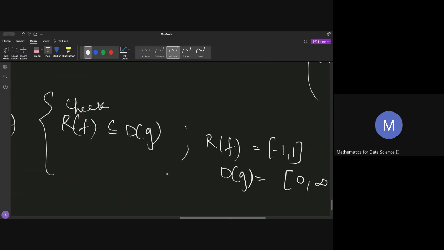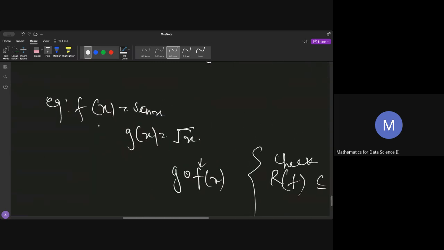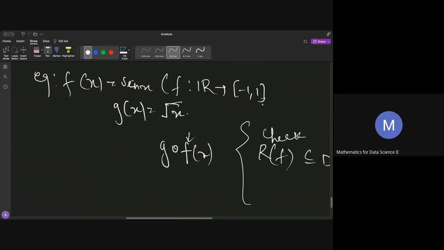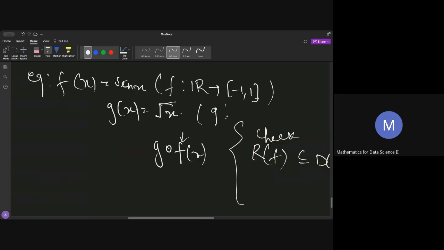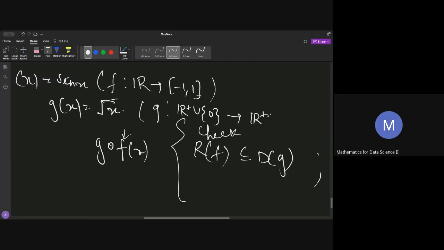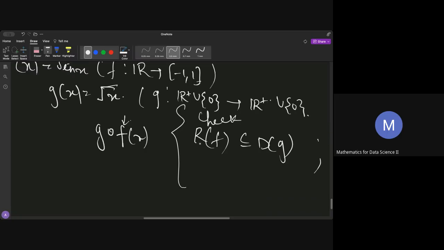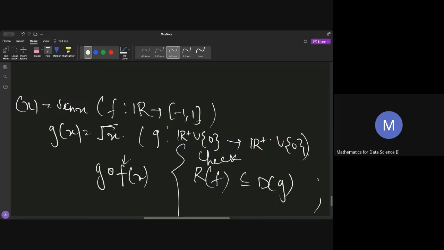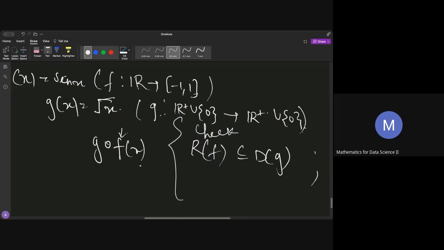That means your composition, if you're taking f from R to [-1, 1], and if you're taking G from its natural domain, which is R plus union 0, if I'm taking the natural domain of f and the natural domain of G, then G∘f is not valid.